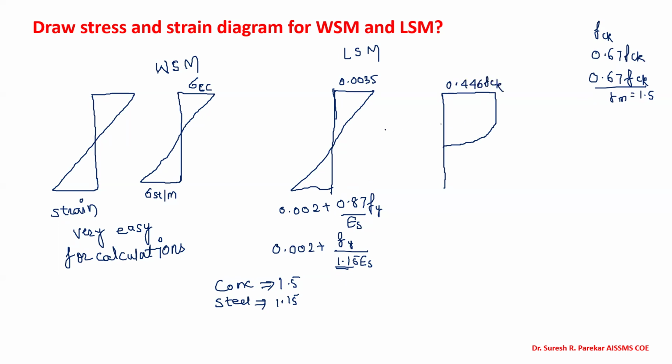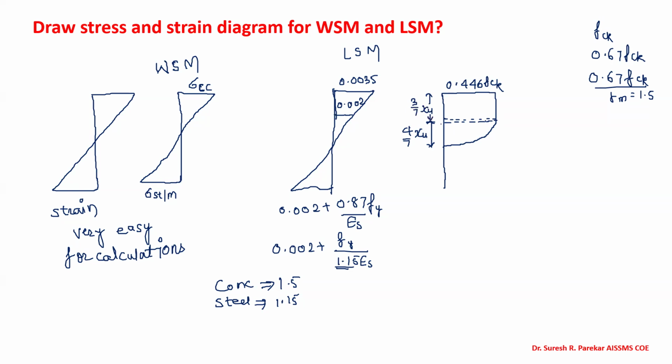Then we have this value at 3/7 XU, and 0.002. So actually we have a rectangular block, and 0.002 means we have this as 4/7 of XU, and above this we have 3/7 of XU.